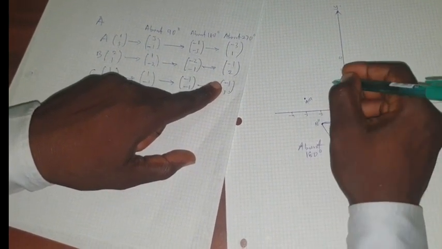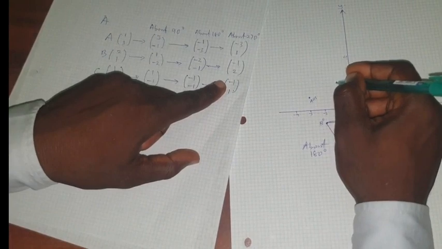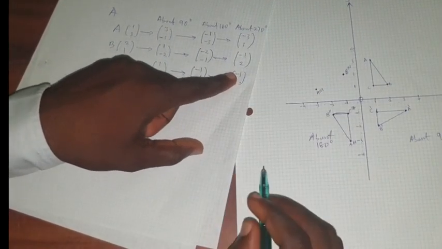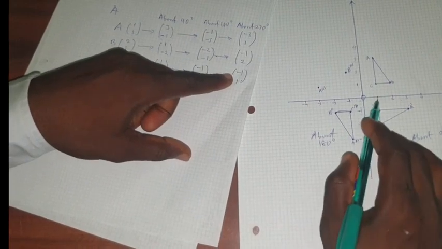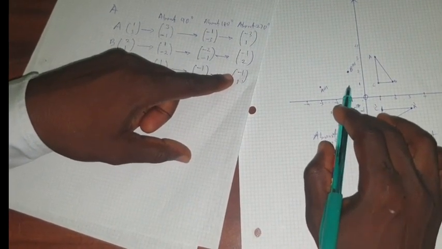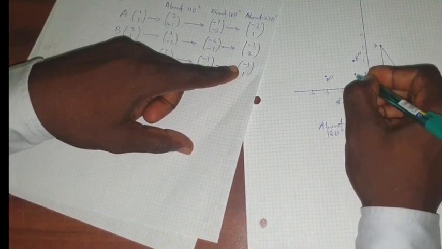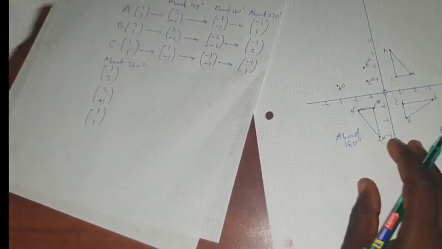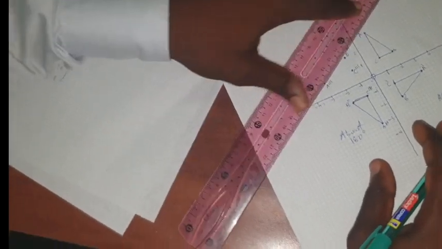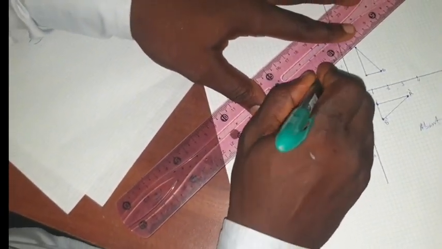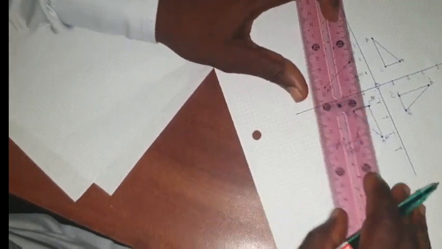Then C prime prime prime, minus 1, 1, minus 1 on x-axis, 1 on y-axis. So you now join the points, and we have this.